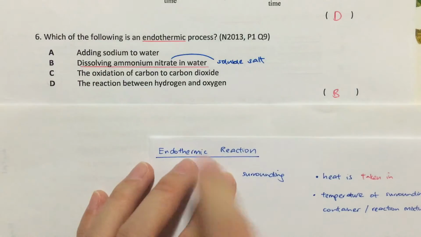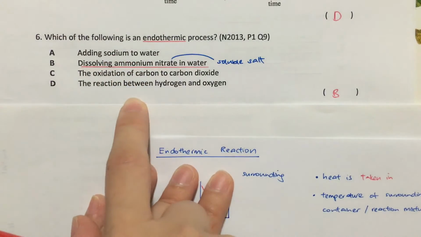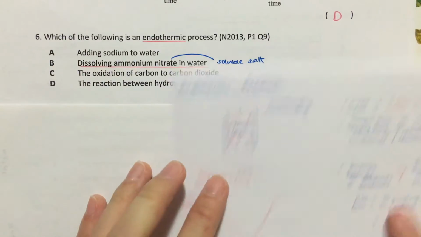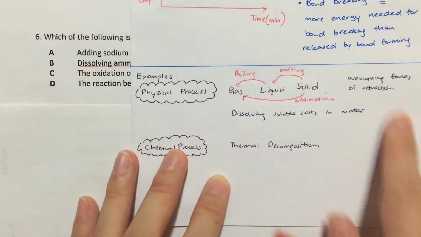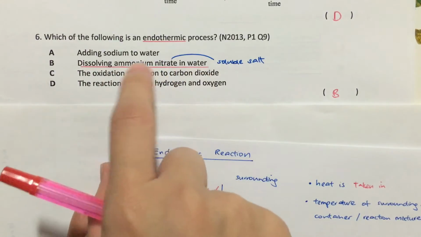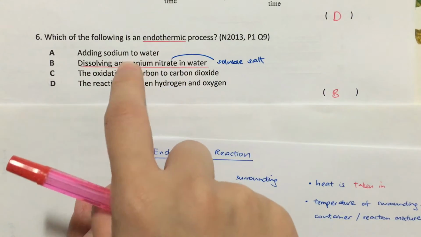So we take a look at options A, B, C, D. The one that matches one of these is dissolving ammonium nitrate in water, because all SPA salts are soluble.